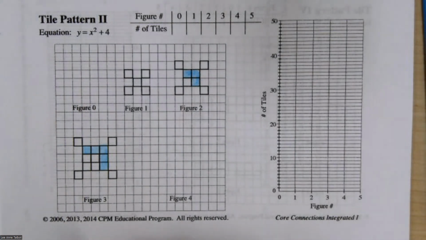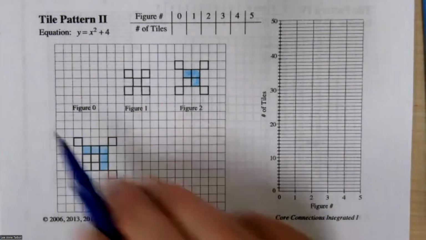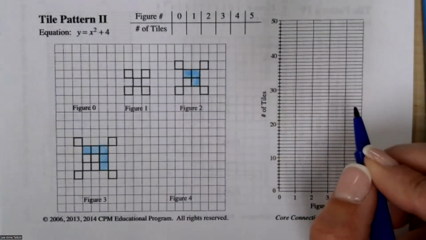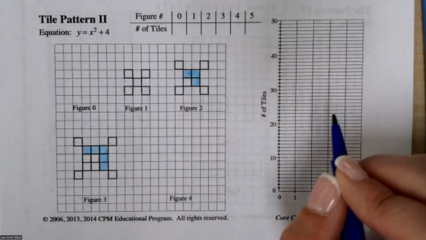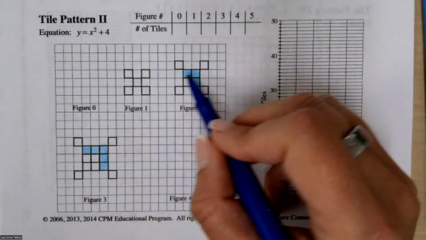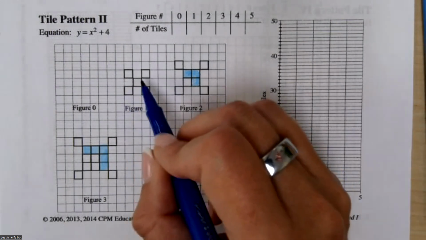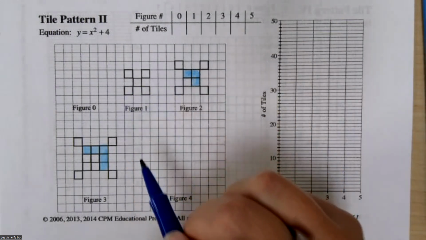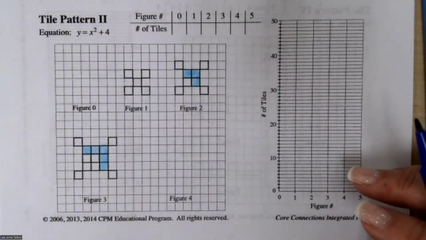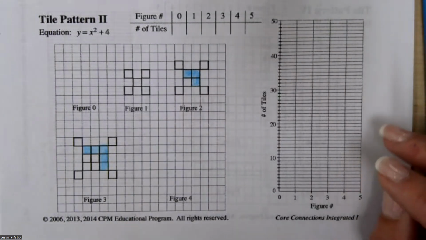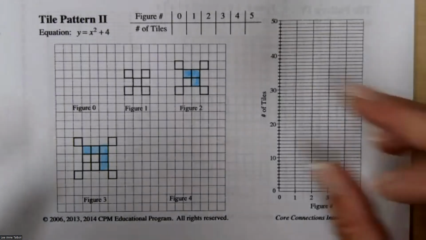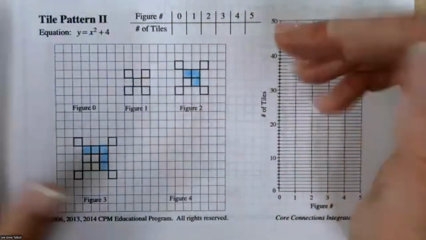Does anyone want to venture a guess of what would happen to go backwards to figure 0? So these 5 vanished, and then these 3 vanished. Okay, let me ask you this way. What's consistent every time? The 4 on the corners, right?